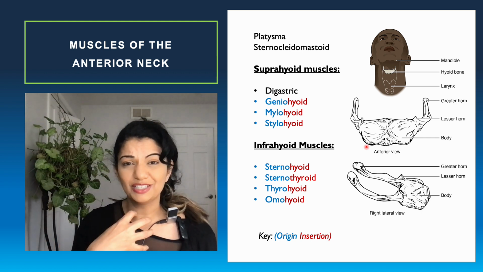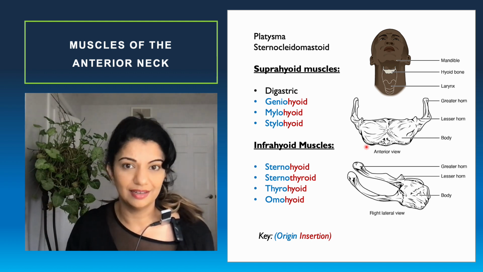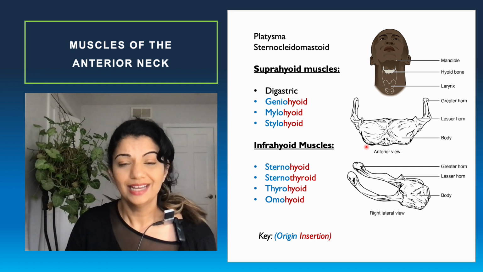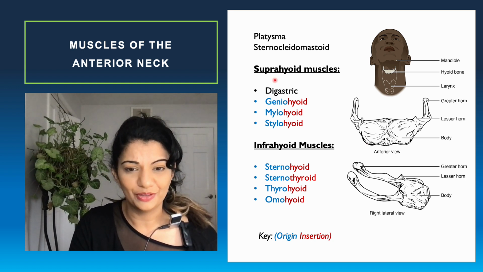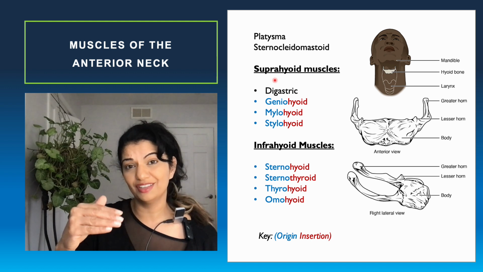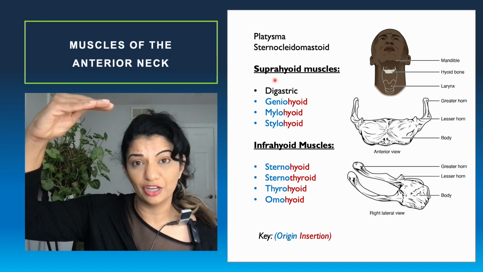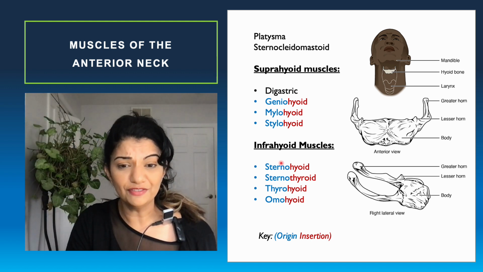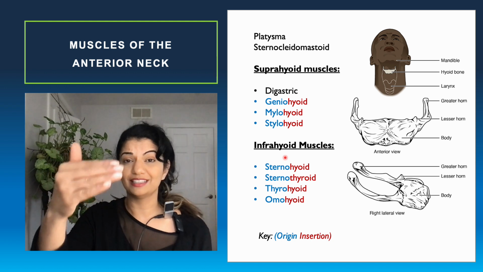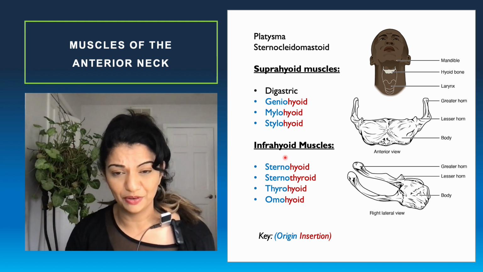It's in the middle and the muscles create the attachment to the rest of the body. So the suprahyoid, like the name implies, means everything is going to be above the hyoid bone. And the infrahyoid, like the name implies, everything's going to be below the hyoid bone, right?